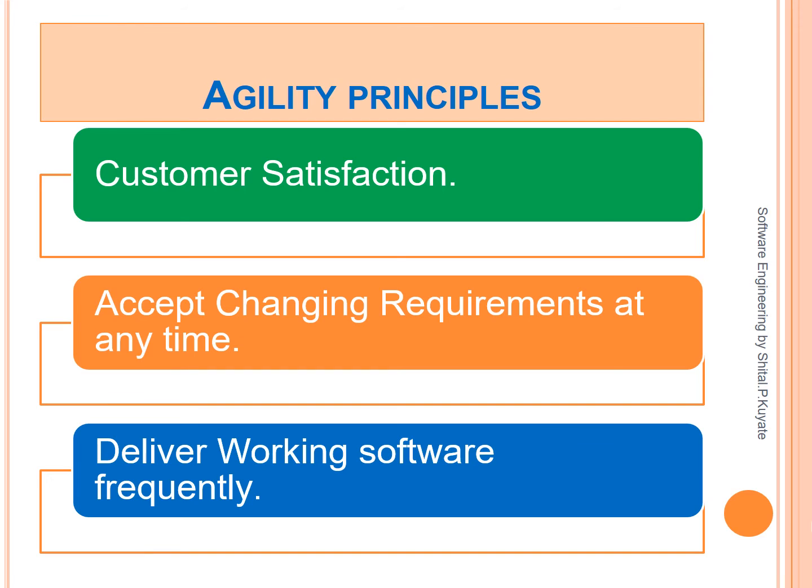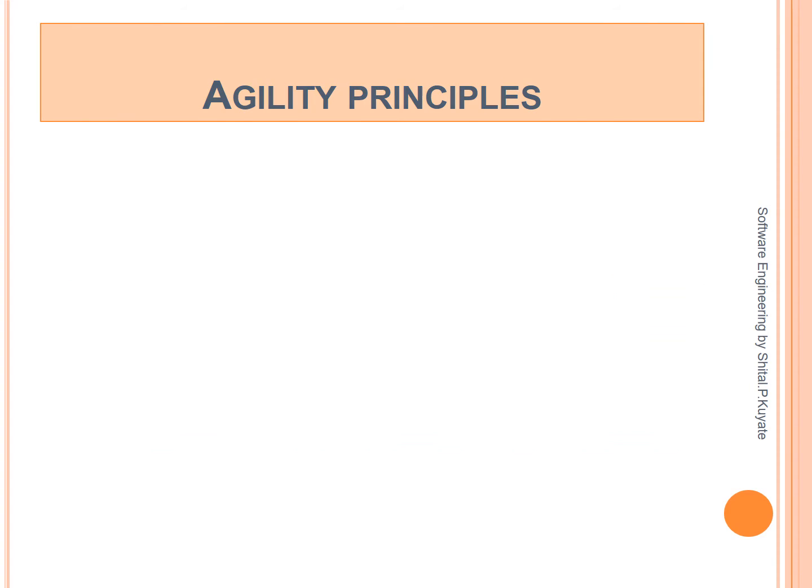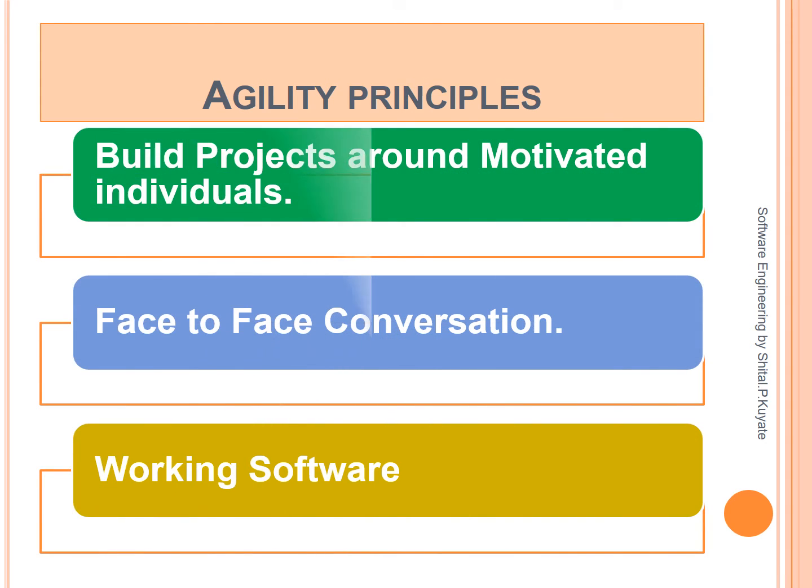The third one is to deliver working software frequently, from a couple of weeks to a couple of months, with a preference to the shorter time scale. The next one is to build projects around motivated individuals.